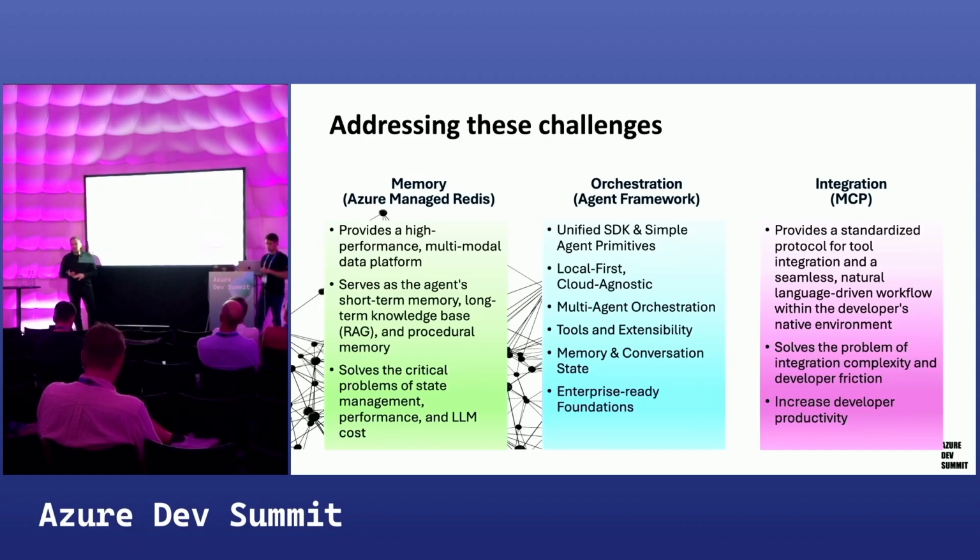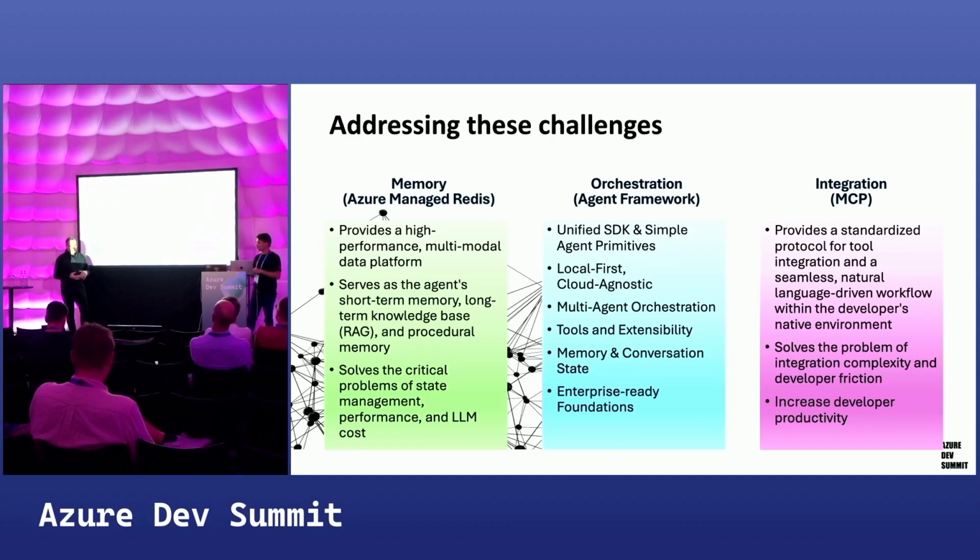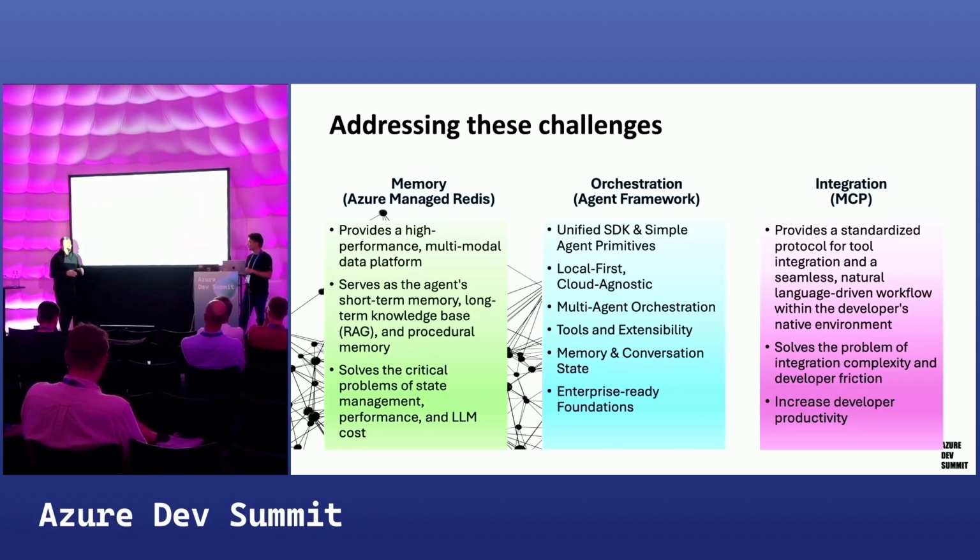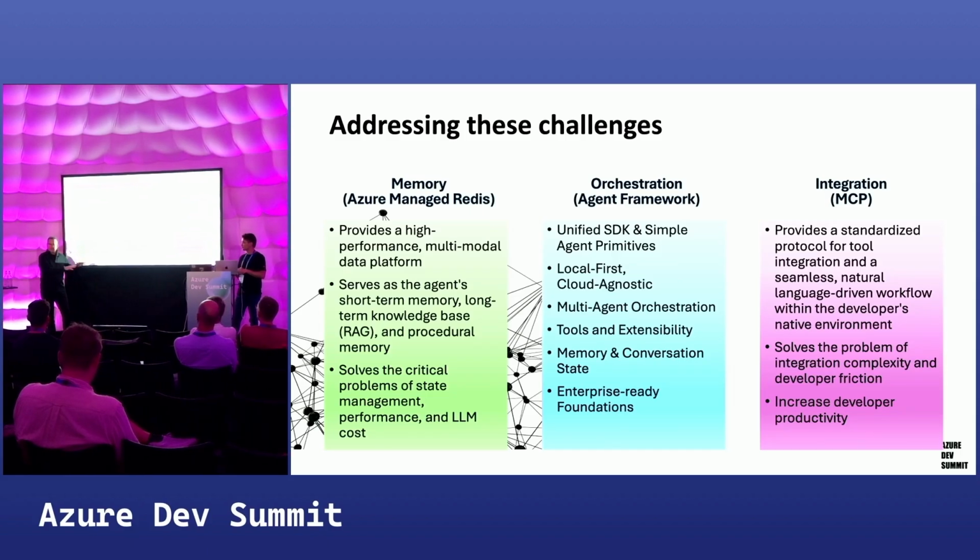And we're going to use Azure Managed Redis for that. We're going to talk about the agent framework, which has been discussed in a number of sessions today, but we're going to focus on the memory part of that because that's what we're focusing on in this session. And then lastly, since you have a cache with Redis, at the end we'll walk through how you can start to use that through agentic scenarios through MCP. So those are the things that we're really going to focus on today.